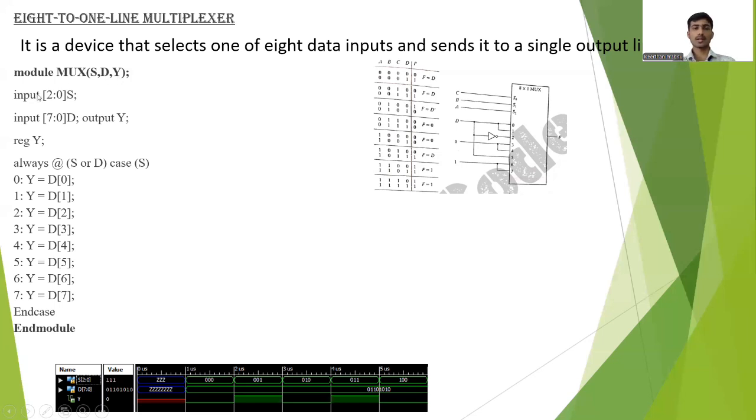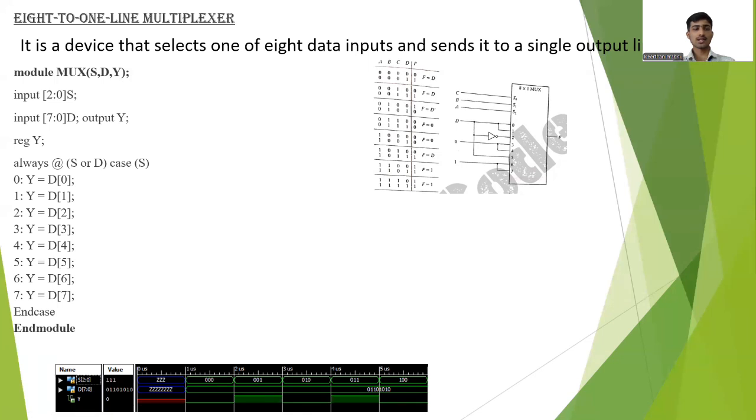Input is taken as 2:0 for the selector, and for the data input 7:0. Y is the output, which is stored in a reg.